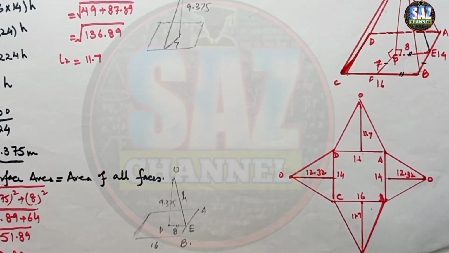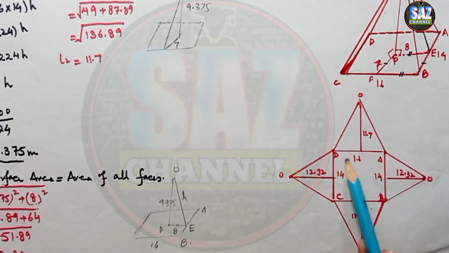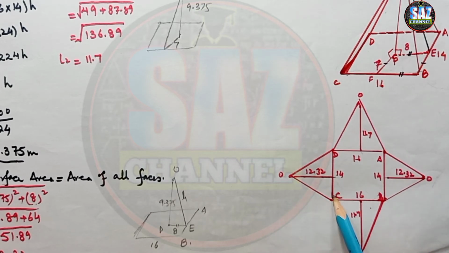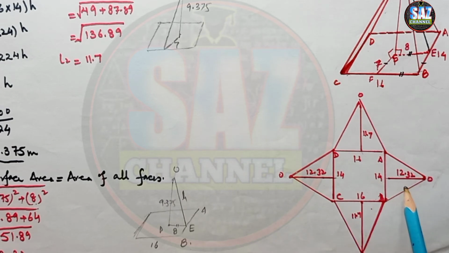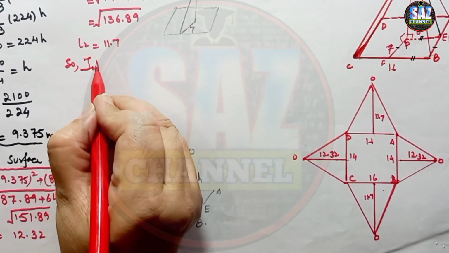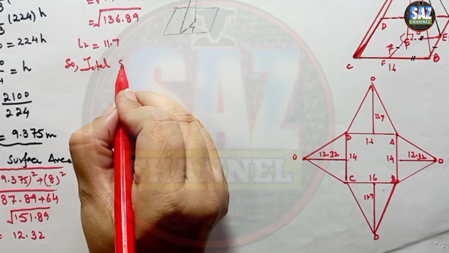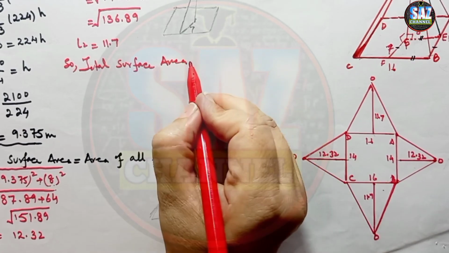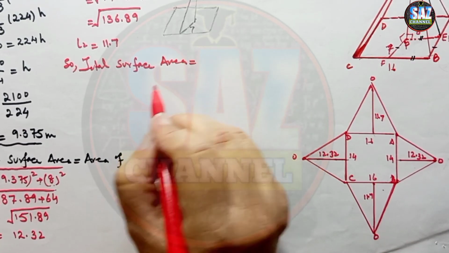Now you can see, in order to get the total area, I will be finding the area of this rectangle, then triangle OAB and triangle OCD, they are similar. So I will be finding the area of any one triangle and I will multiply that answer by 2, and the same for triangle ODA. So let's go for the completion of the question. So total surface area equals area of rectangle.